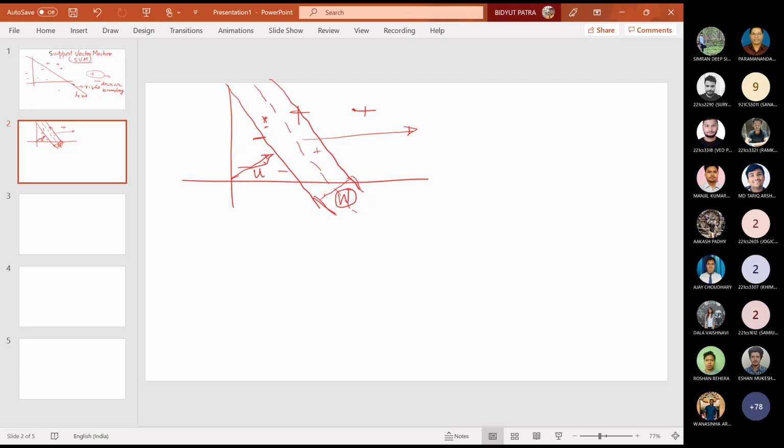If any point is somewhere here, we can project it on that vector. Sorry, we have a vector w. W is the vector which is perpendicular to the street. Now we have a point, let's say u.